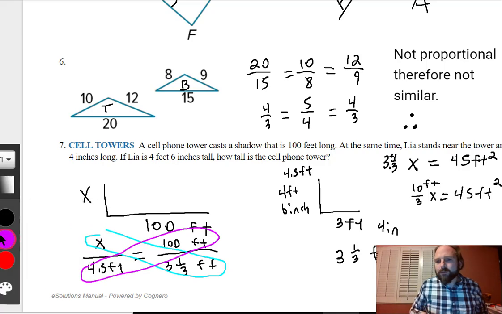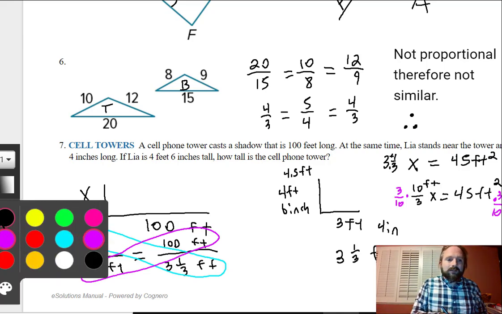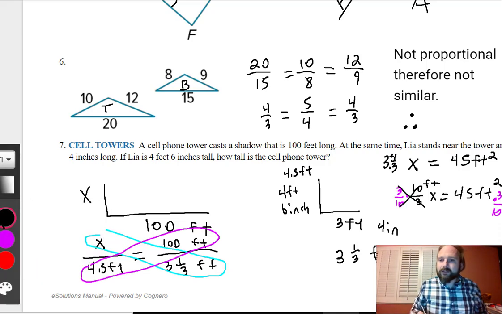So now I'm going to multiply by the opposite of times 10/3, which is times 3/10. So I'm going to times it by 3/10 on both sides. So that cancels, and I get 45 divided by 10. Let me pause for a second. Yeah, I was wrong. It was 450. So this would be 45 now, times 3.